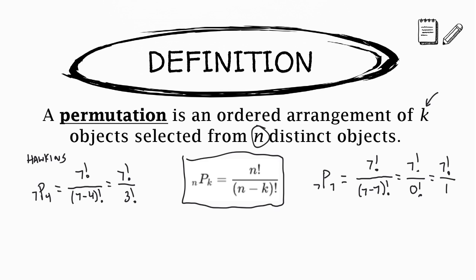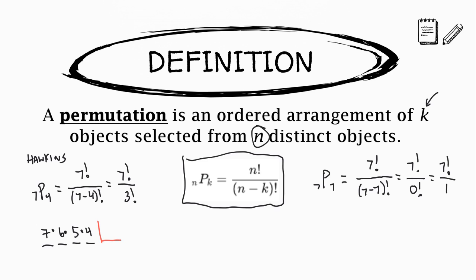If you think about it, it makes perfect sense. Say we are still working with my name here, Hawkins, and we're picking 4 letters and rearranging, right? I have 7 choices for the first. I have 6 choices for the second. I have 5 choices for the third, and then I have 4 choices. And 7 times 6 times 5 times 4, well, that cascading multiplication got kind of cut off, right?